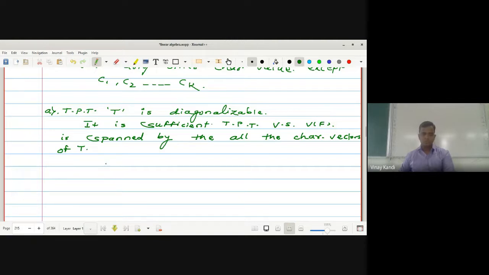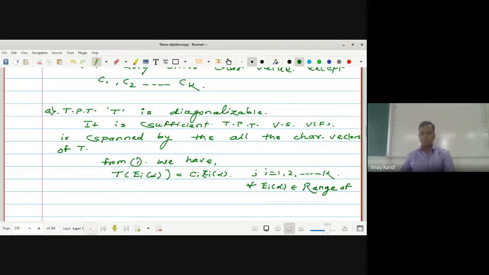From 1, what do we have? From 1, we have T of Ei of alpha is equal to ci times Ei of alpha, where i runs from 1, 2, up to k, for all Ei of alpha belonging to the range of Ei.